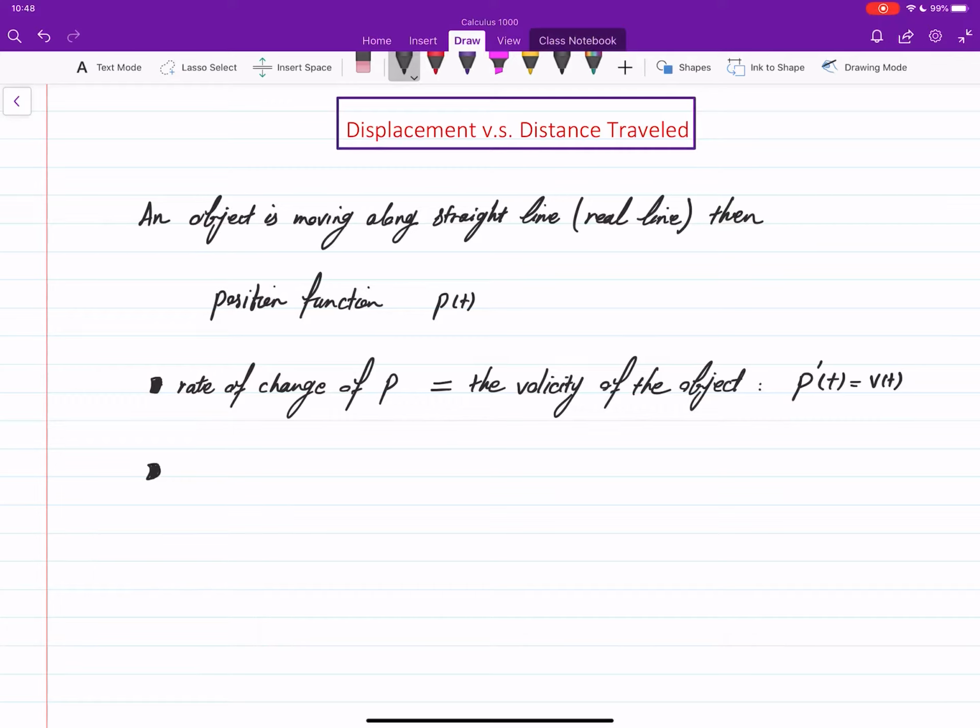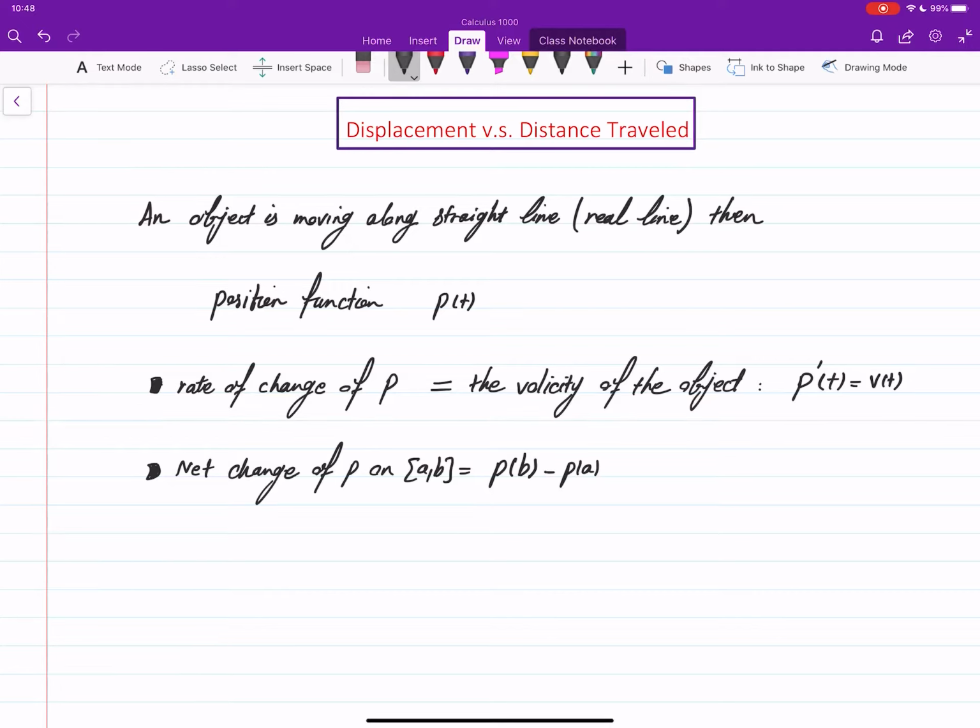And we can also have a net change of the position function p on an interval ab. What is this, guys? So this object is moving along the line, and net change is p at the last moment, so p at b minus p at a.